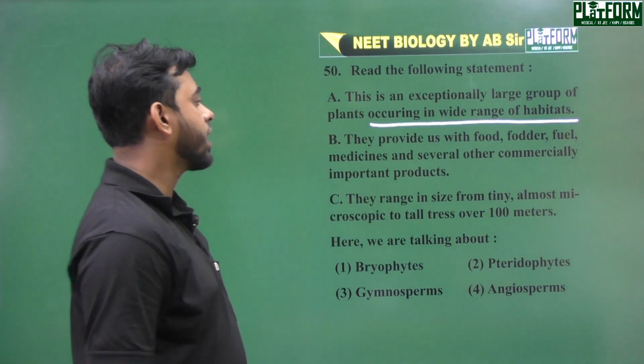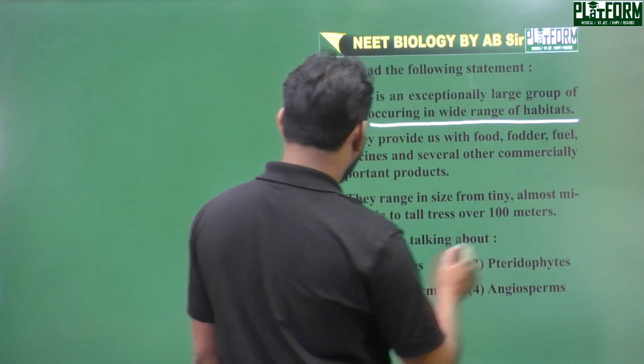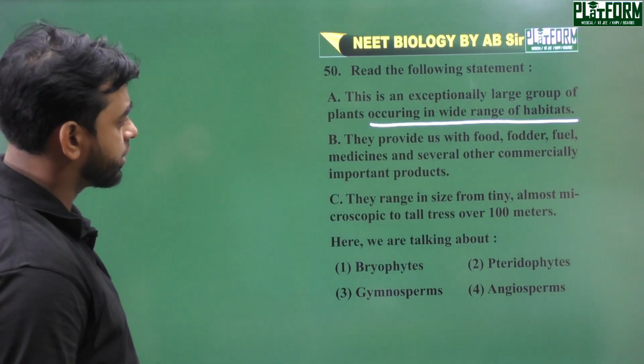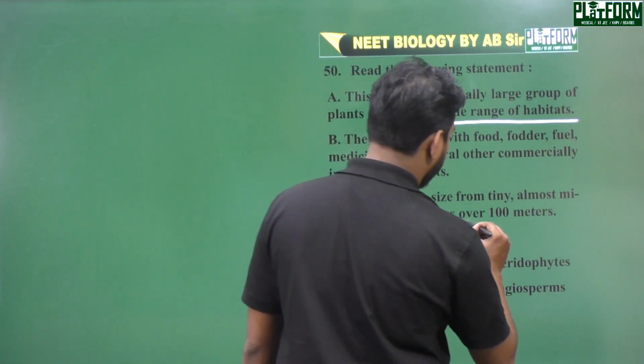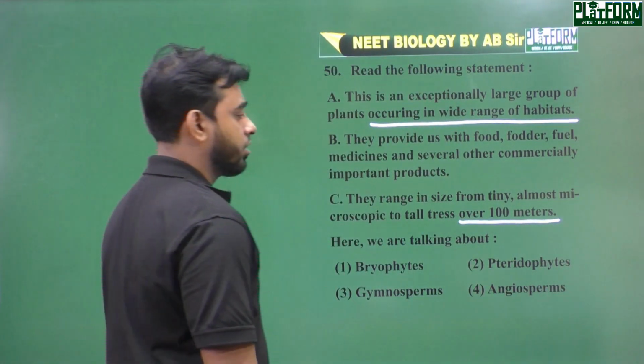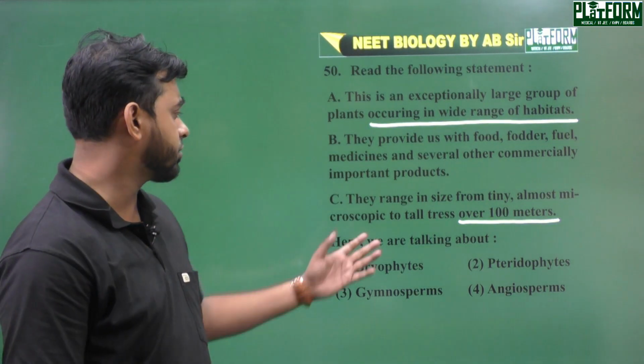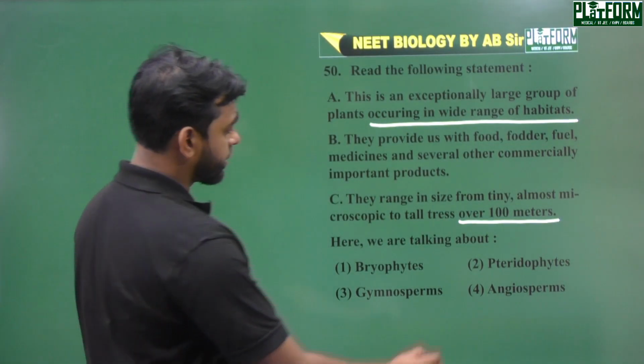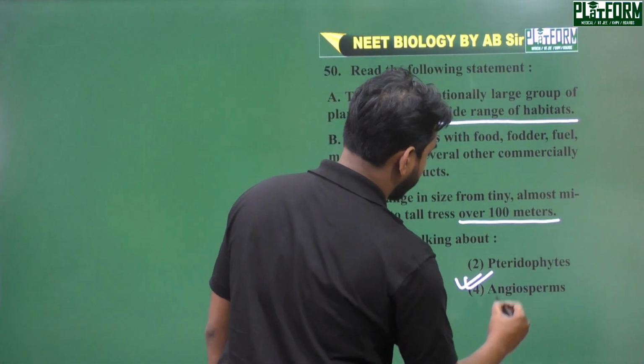They range in size from tiny, almost microscopic, to tall trees over 100 meters long. So definitely this is the most diverse group of plants, and definitely this is the angiosperms.